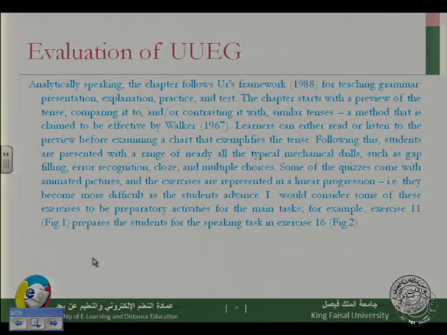Analytically speaking, the chapter follows Ayres' framework of 1988 for teaching grammar: presentation, explanation, practice, and test. So there is someone called Ayres, and he did a framework saying that if you want to teach grammar, you have to have four things: presentation, explanation, practice, and test.